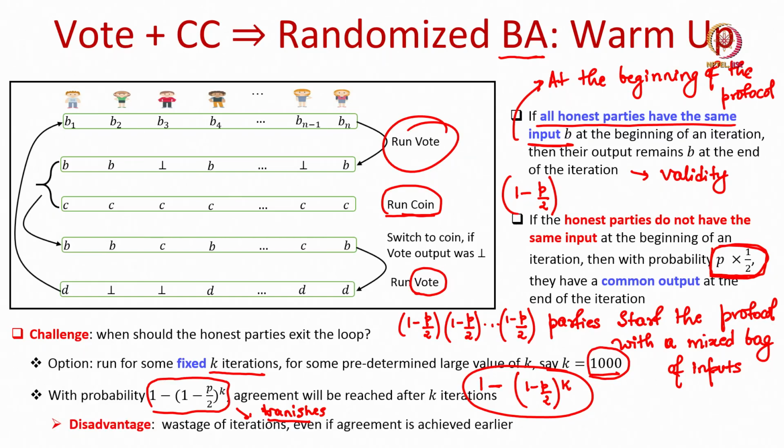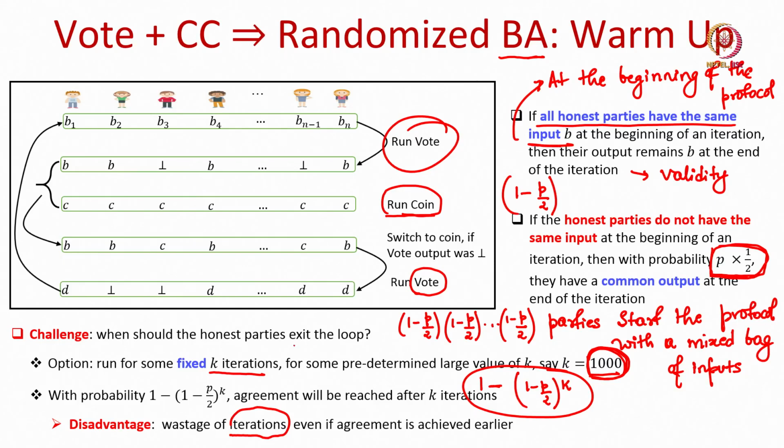The other disadvantage of this approach of setting the value of k to a sufficiently large quantity, irrespective of whether the agreement has been achieved earlier, is that it leads to a wastage of an enormous number of iterations, because it could be possible that agreement has been achieved even immediately after two iterations, and then unnecessarily you keep on running the protocol for 10,000 or 20,000 or 1,000 iterations.